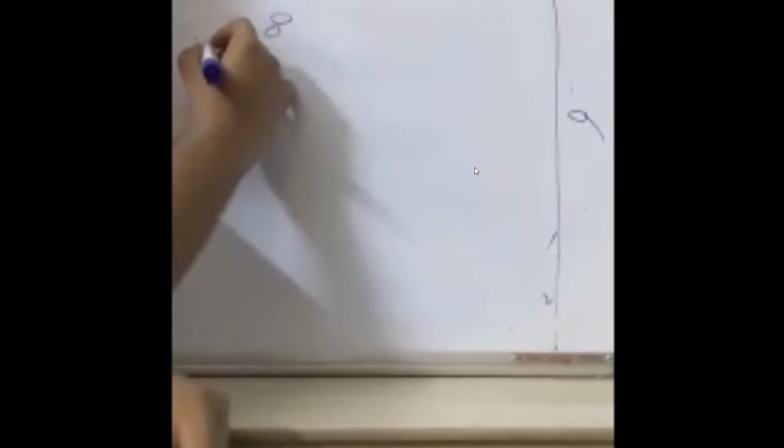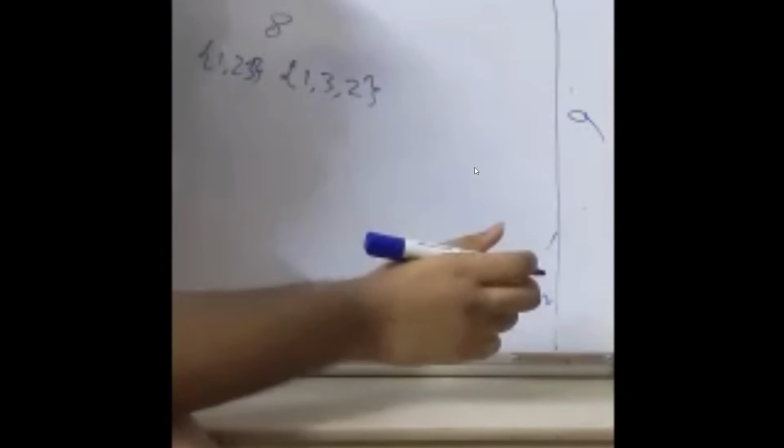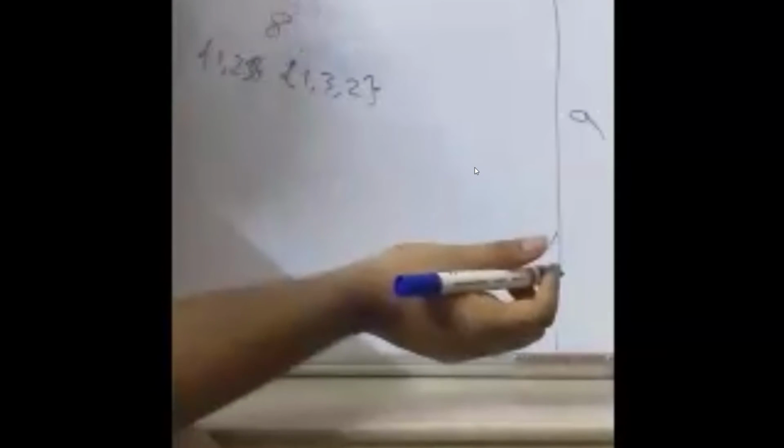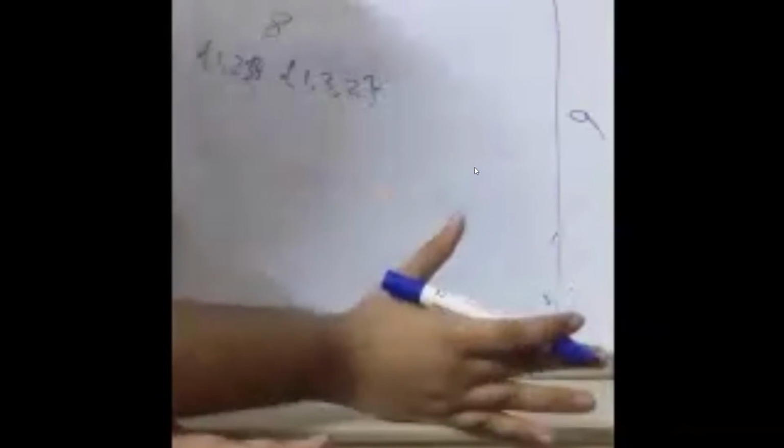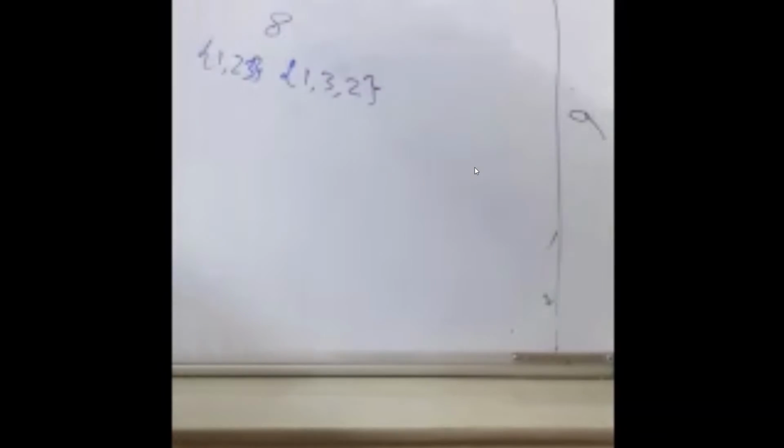The difference between permutation and combination? Yes. So in permutation, the order matters. Like the set 1, 2, 3 and 1, 3, 2 are different permutations, but 1, 2, 3 and 1, 3, 2 are the same combination. So in combination we check the list of elements.